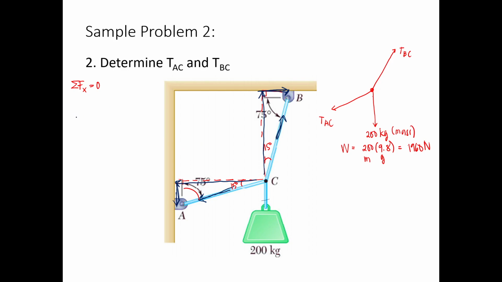Okay, so for the x component, that will be TBC cosine 75 degrees, and then minus TAC sine 75 degrees is equal to 0.